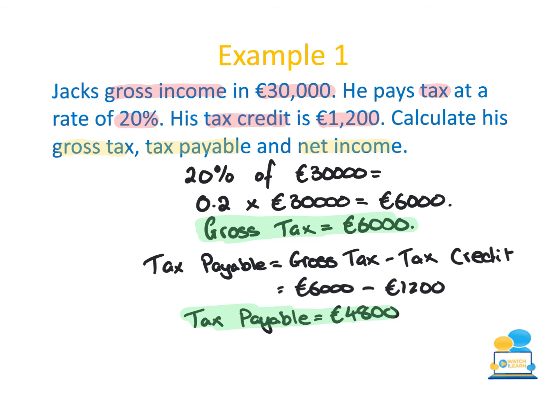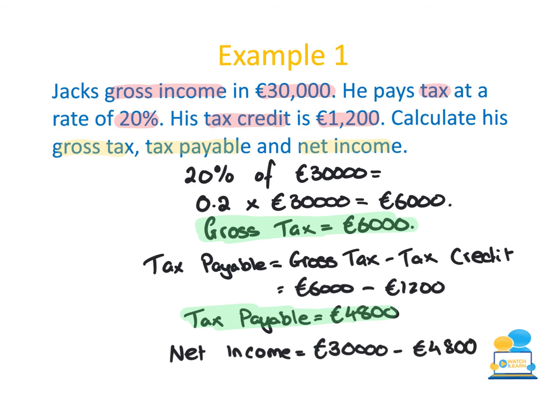Finally, to find Jack's net income, we know that Jack started off with a gross income of €30,000. Then the amount of tax he has to pay is 4,800. So to find his net income, we are going to take his gross income, which is €30,000, and take away from it his tax payable, which is 4,800.